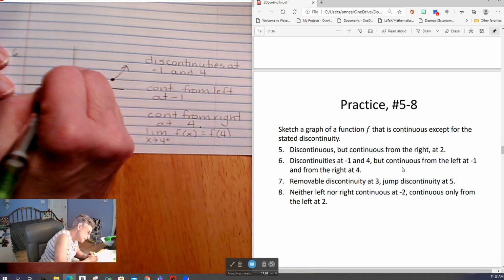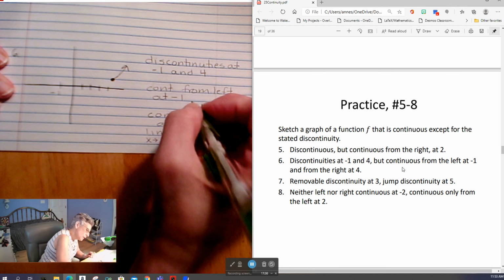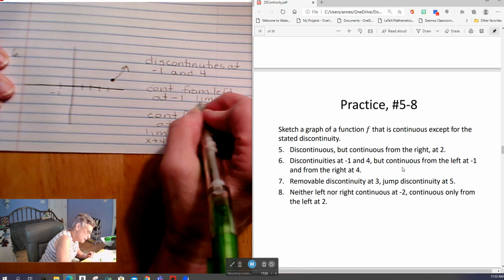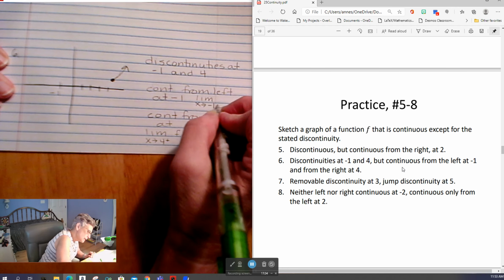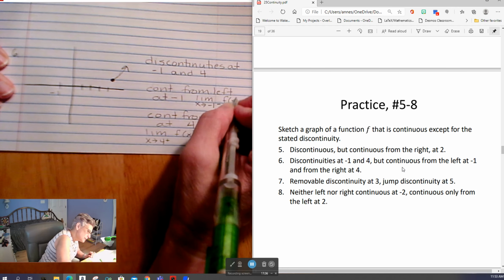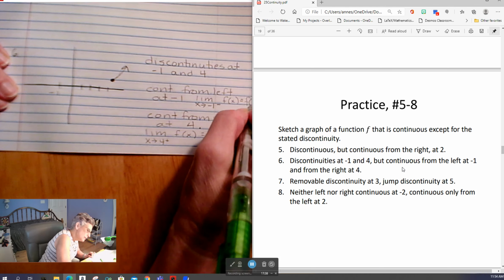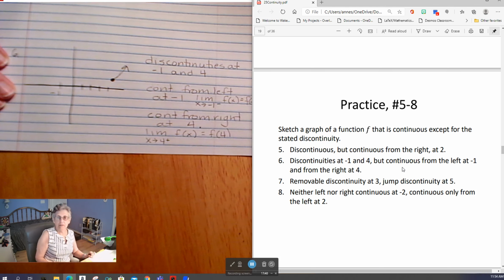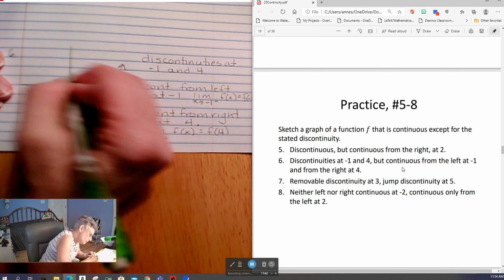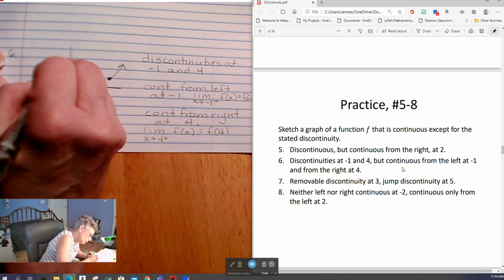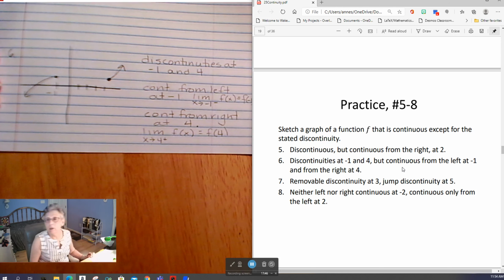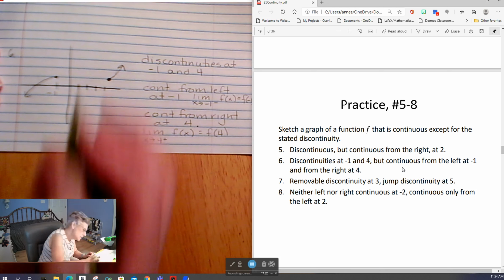Continuous from the left at -1. So the limit as x approaches -1 from the left has to be equal to f of -1. So I'll put it over here. And it's supposed to be continuous everywhere except for those 2 places.